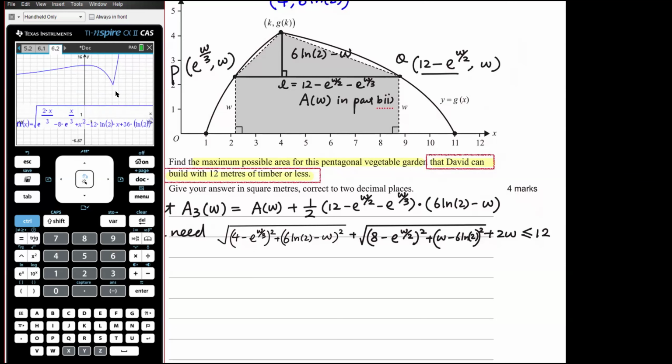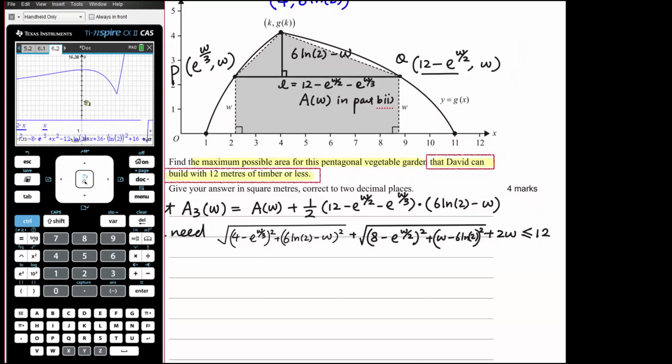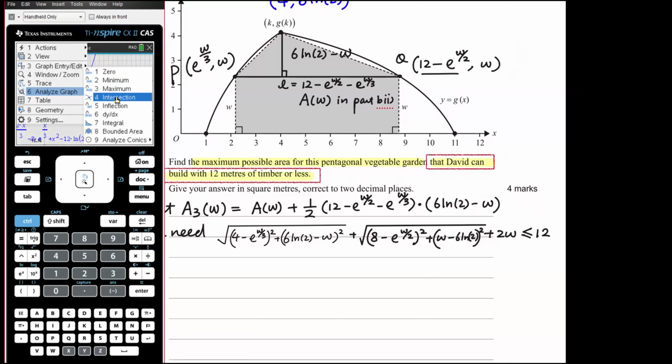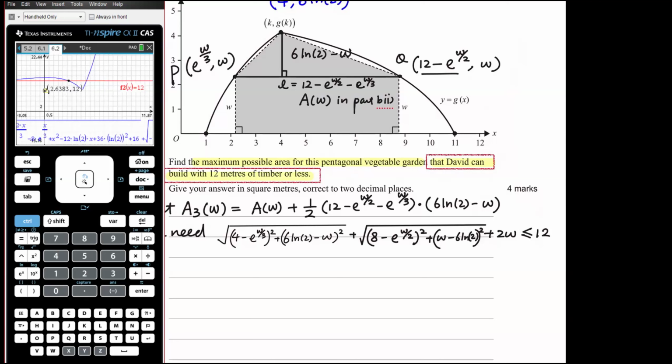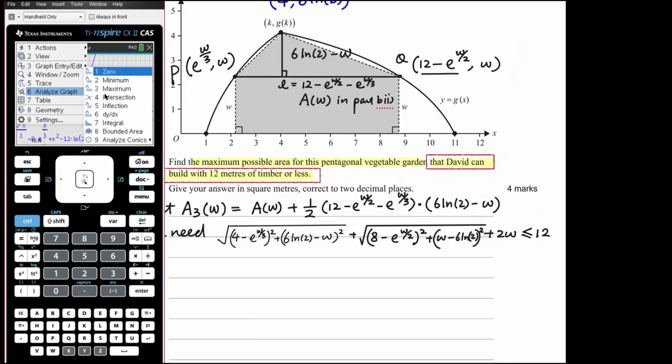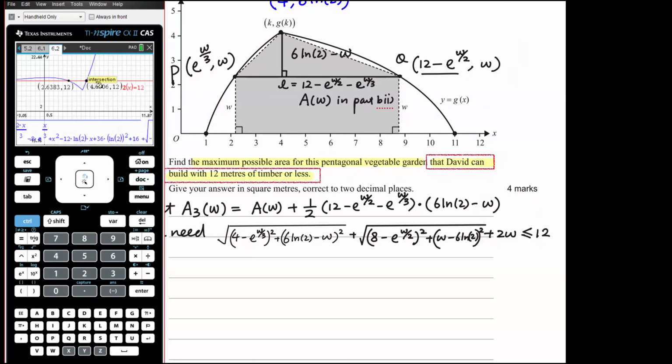So you can see this is the graph, quite an interesting one. And I probably need to get this thing less than or equal to 12. And your X or W should be greater than 0. Therefore, you look at these two intersection points. So for example, I put a 0 here and get a manual analyze graph intersection between that and that, and that and that.